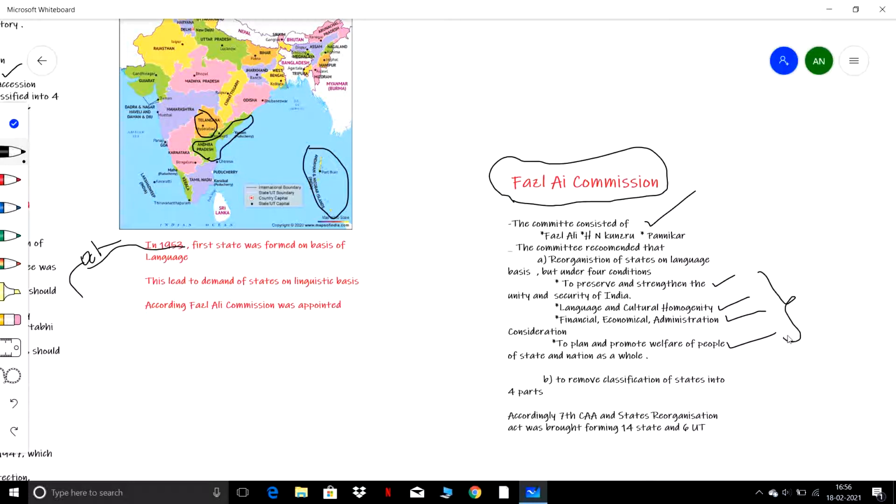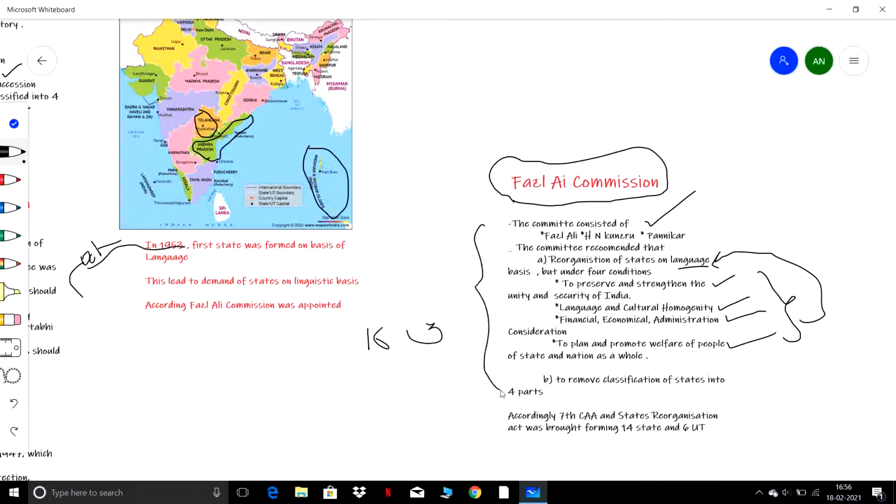These four conditions should be followed in order to reorganize states on the basis of language. The committee also suggested removing the classification of states into four parts. Another recommendation: the committee recommended having 16 states and 3 union territories.